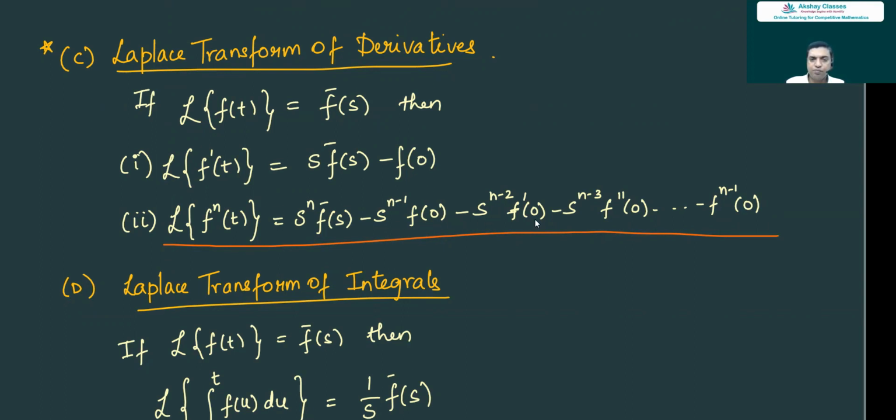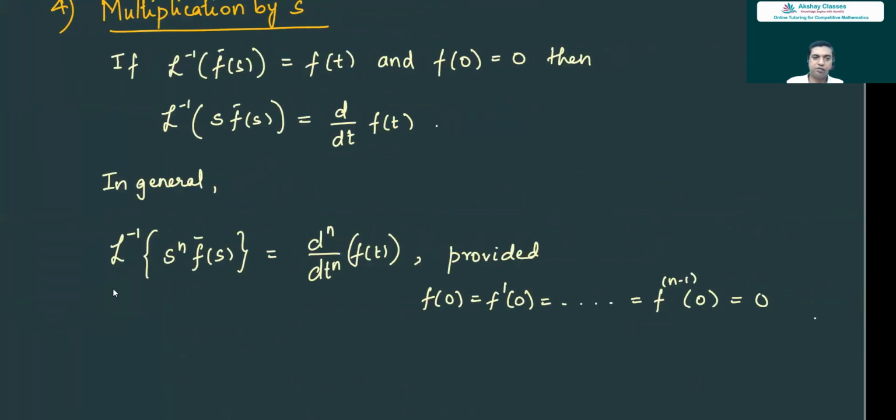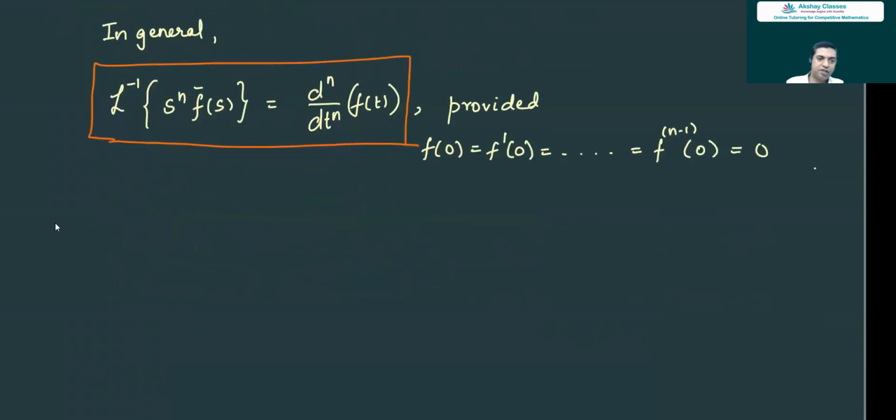So when we substitute, suppose all the derivatives at 0 are 0, then we are left with just this term. So from that, we have arrived at this result. So this result is a very important result. Of course, this condition is very important.